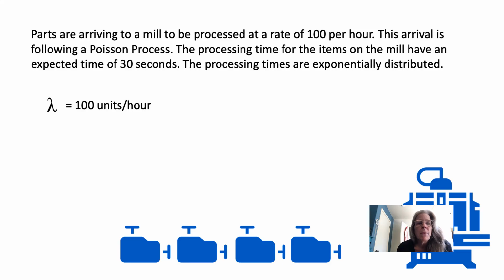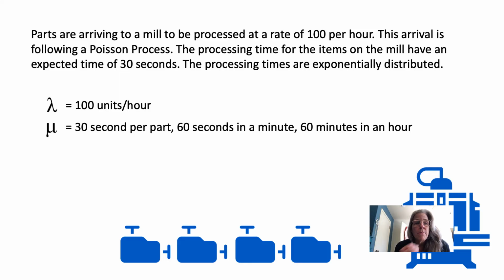So in this queuing problem, we initially can just establish lambda, which is the arrival rate, as 100 units per hour. The mu is a little bit harder because what we see is it takes 30 seconds to process the part. That's the service time. And we have to make sure that the mu is actually in units per hour, and the 30 seconds per part is actually seconds per part, which is not the right units.